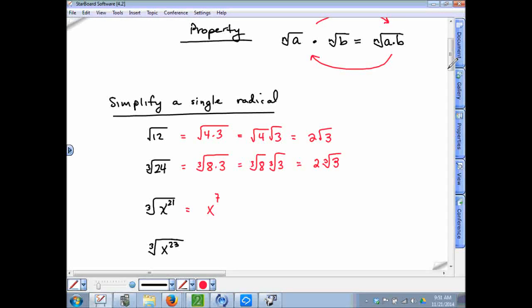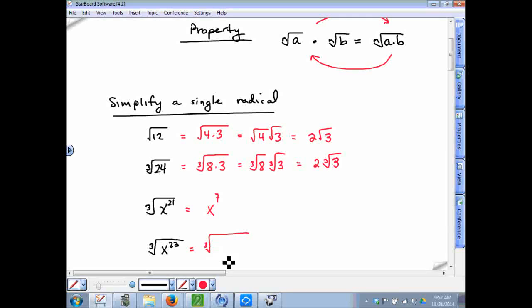Right? So what we have to do is split it up. So we need the next smallest number smaller than 23 that is divisible by 3. So let's go with 21.